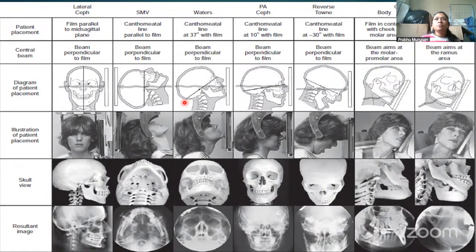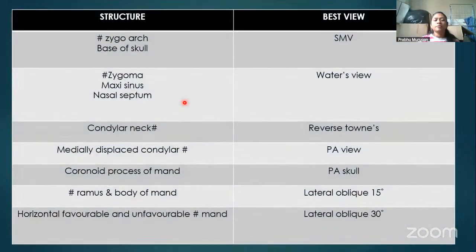I think the summary is given. Please go through White and Pharoah for this table and try to highlight the points and keep them in mind. For example, you can take a screenshot of this table also. Your fracture of the zygomatic arch and the base of the skull can be best viewed using a submental vertex view.